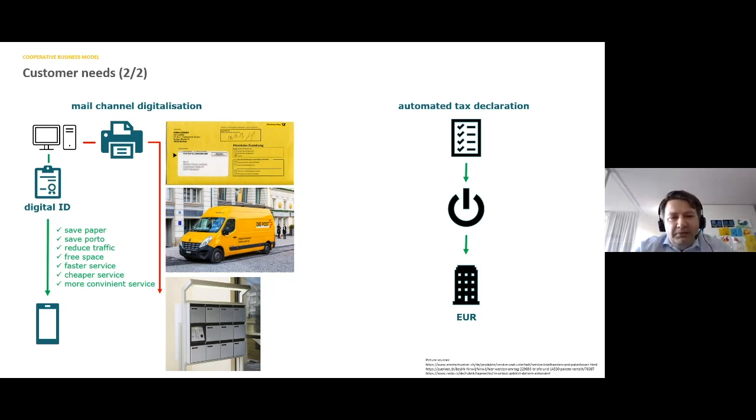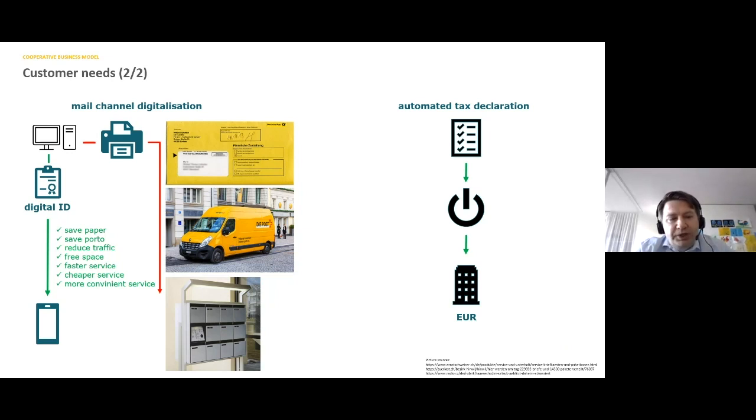You can directly, instead of printing the mail on the printer, send us the letter on the mobile phone. We will save paper. The organizations will save water. We will reduce traffic because the post cars don't have to stand on the streets and block the traffic. We will free up the space because we don't need then the post boxes anymore.